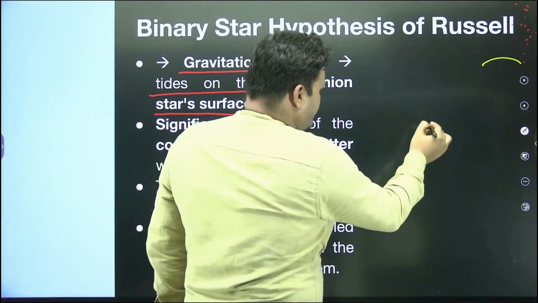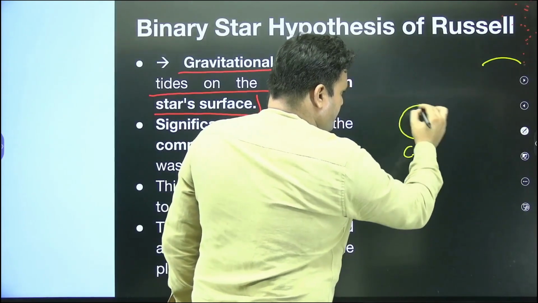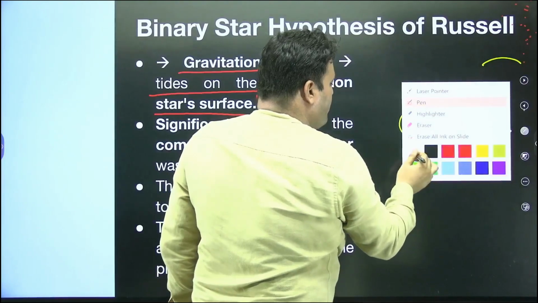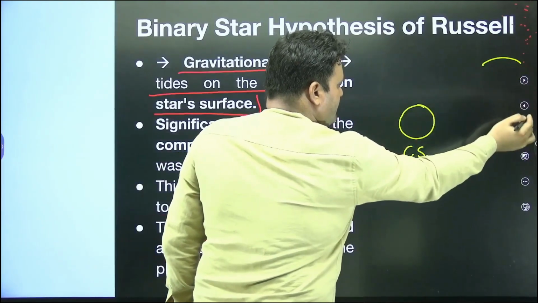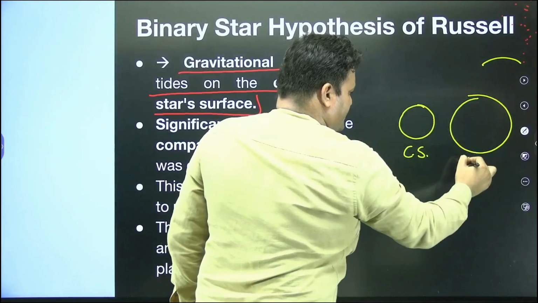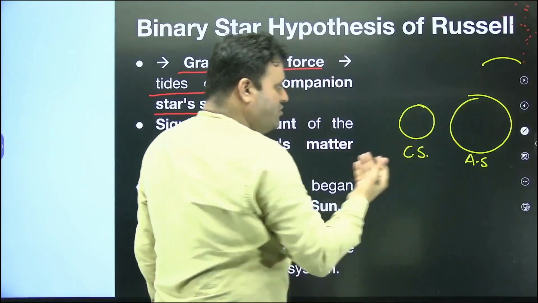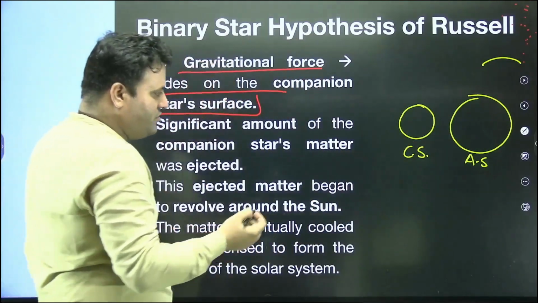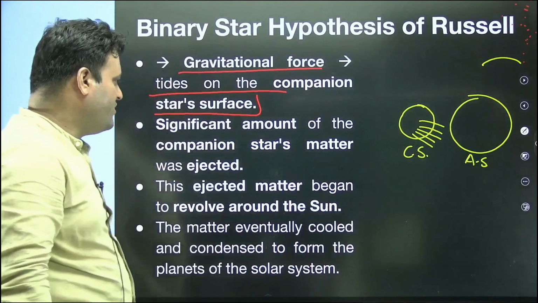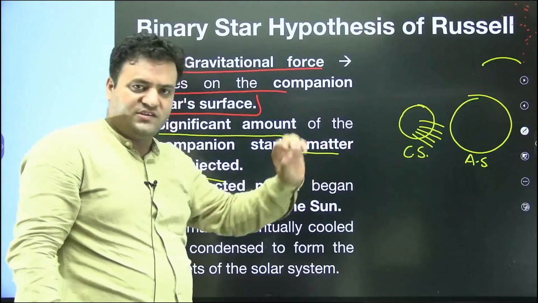So when we have this companion star, and then we have this approaching star, because the approaching star is bigger, its gravitational pull is more. Because of the gravitational pull on the companion star, there was a bulge, and ultimately there was what? A significant amount of matter was ejected from this companion star.